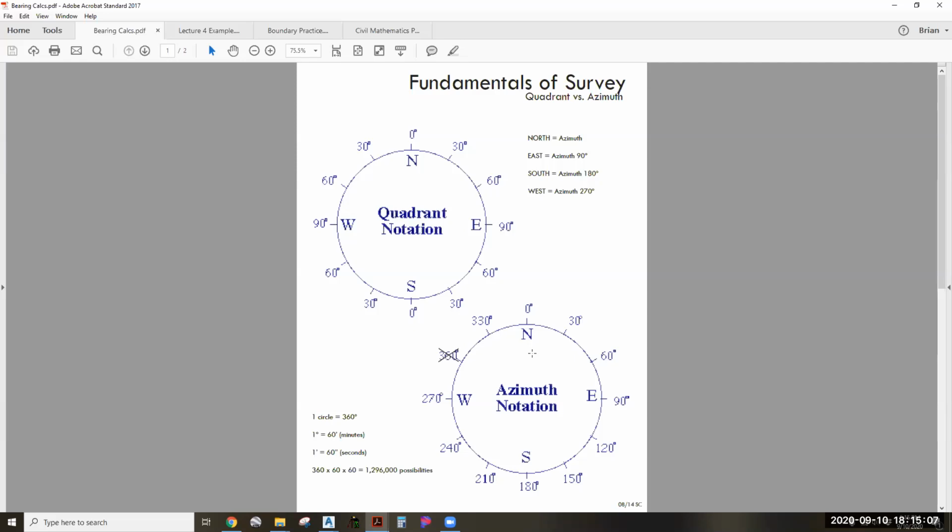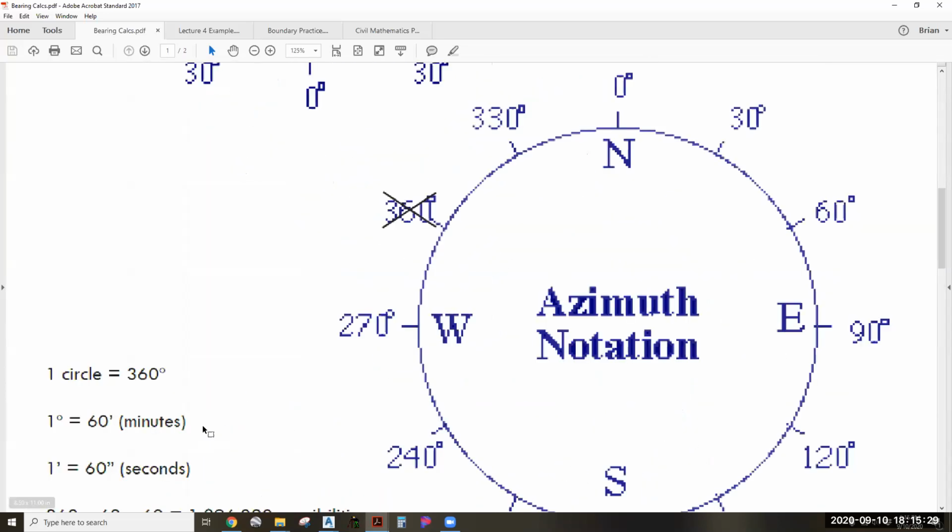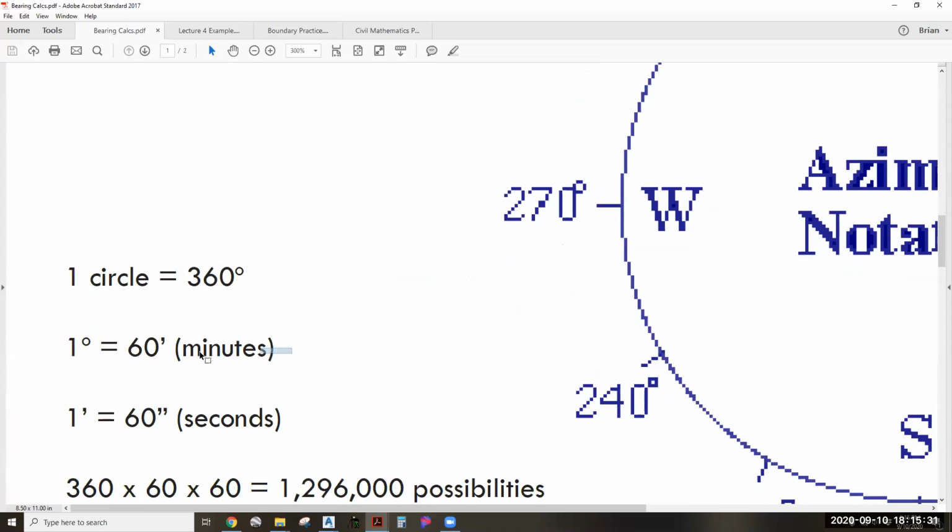Don't confuse it with time, like hours, minutes, seconds. It's not the same thing. Why they chose the same terminology, I don't know. When you divide a degree into 60 equal parts, that is 60 minutes. As you can see down here, I've put this on your handout: 1 degree equals 60 minutes.